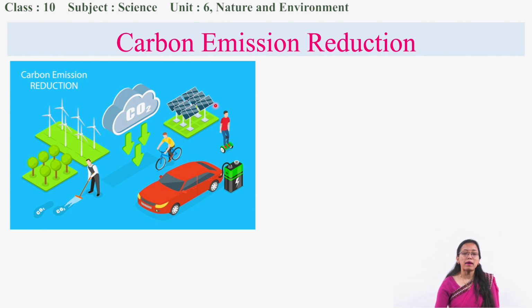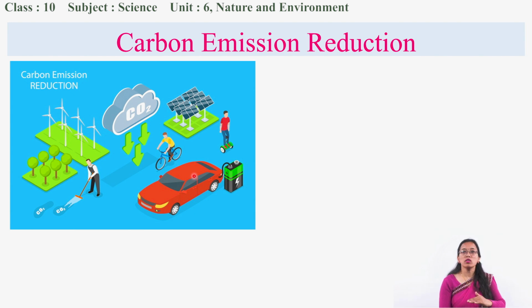And solar panels are used instead of diesel and petrol vehicles. The vehicles run through solar batteries or other dry cells. That means electric vehicles are promoted so that we can reduce the carbon emission.